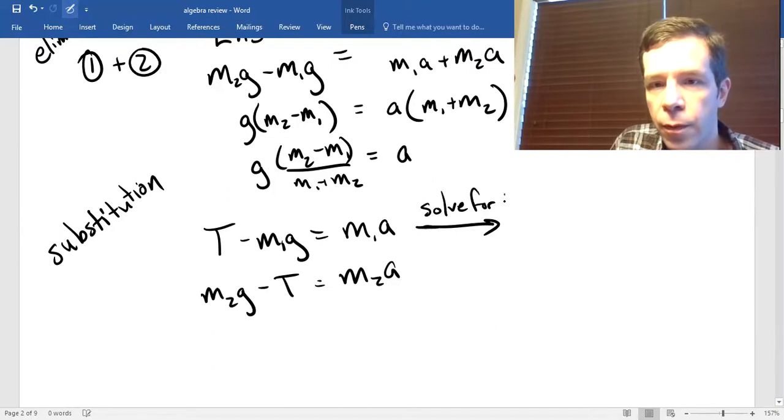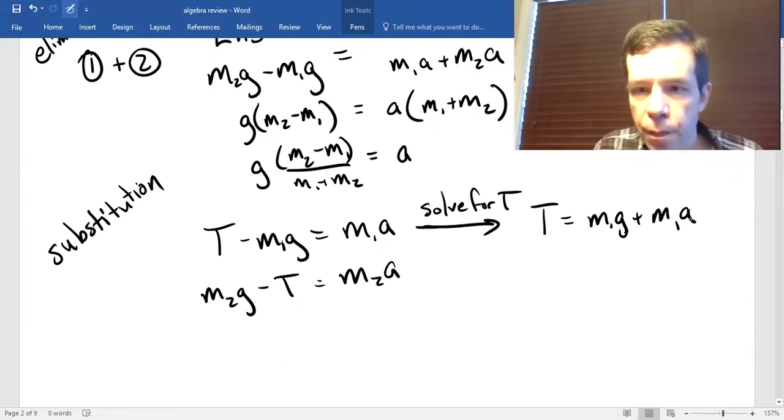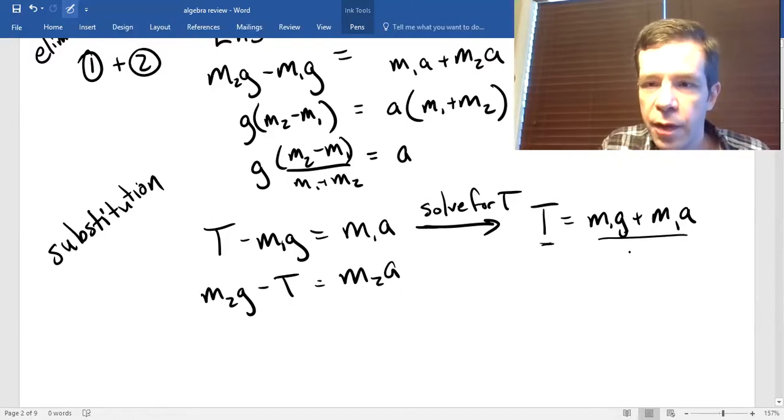So solve for T. I can do that by adding m1g to both sides. So T is m1a and m1g. Now I know what T looks like. So I can plug this in for T in the other equation.